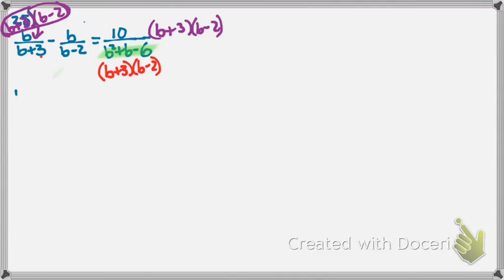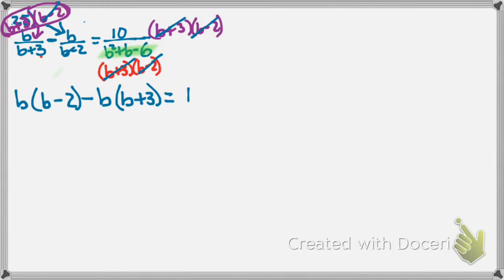And so I'll have b times b minus 2. When I multiply it by this term, the b minus 2 will divide out. So I'm going to put the minus from right here, minus the b from the top, and then the b minus 2 divided out, and I'll have the b plus 3 left. On the right-hand side of the equation, both of the terms divide out, and I just have 10 left.